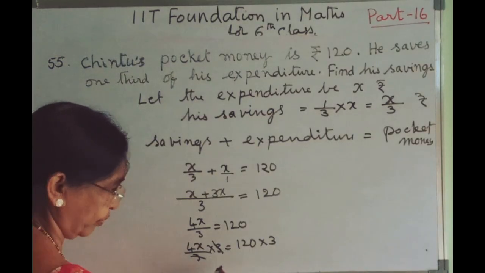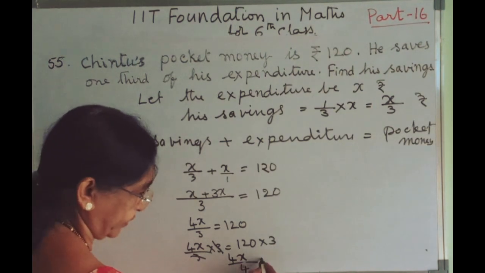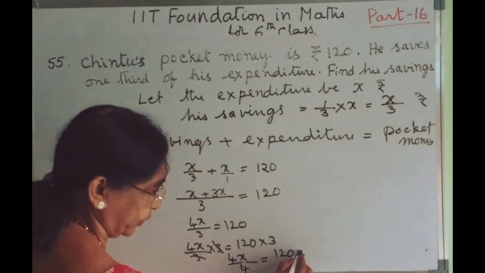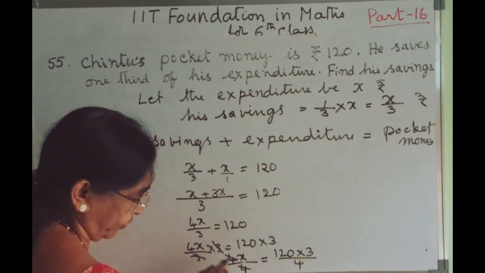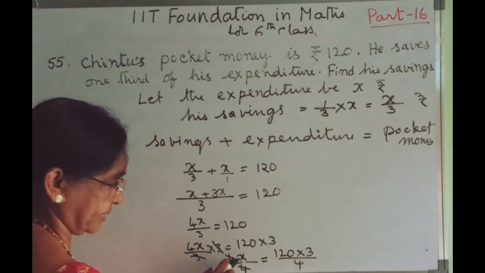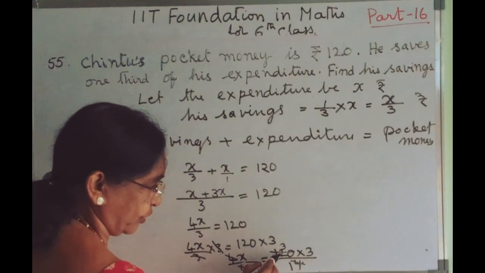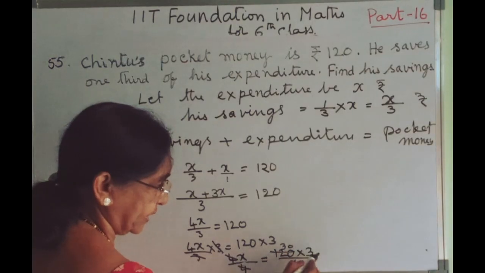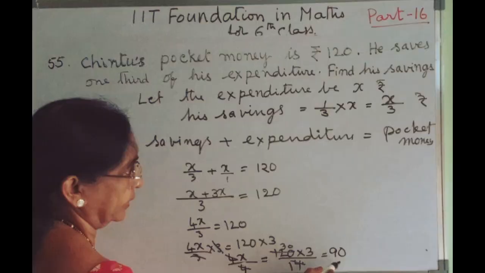So dividing both sides by 4, we get 4x by 4 is equal to 120 into 3 by 4. So here 4 gets cancelled, x remains, is equal to 4 ones 4, 3 fours 12, 0. So 3 threes 9, 0. So x is equal to 90 rupees.